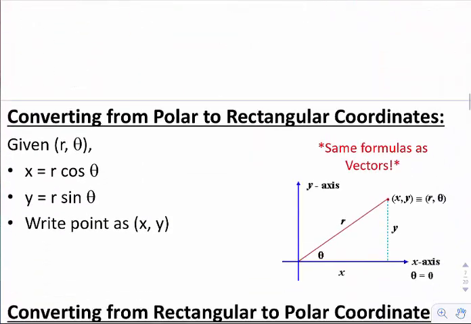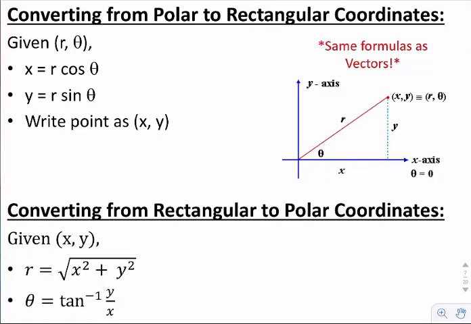Okay, so moving on here, the last little piece here is going to be talking about converting from polar to rectangular coordinates. And if you remember the trig form for vectors, this is going to be very familiar to you because it's kind of the same thing that we used before.